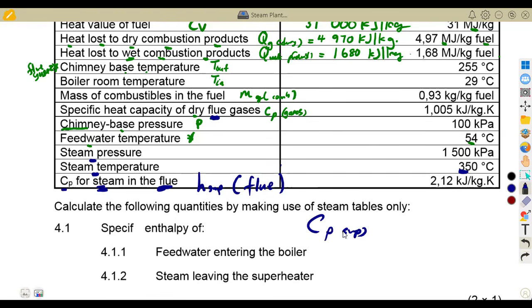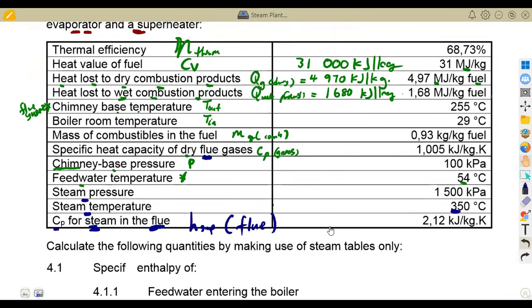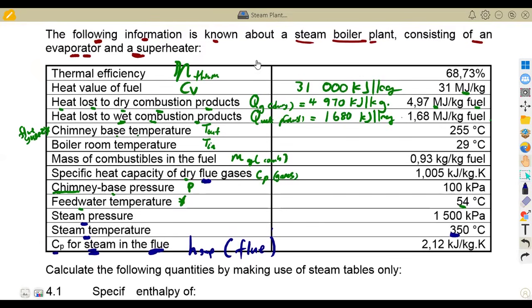This one, yes, it's H, but for the flue gases. So this is not the one we use when we are calculating H sup for steam. So you must be careful there. You must be very, very careful. All right, so that is the information that we are given consisting of an evaporator.